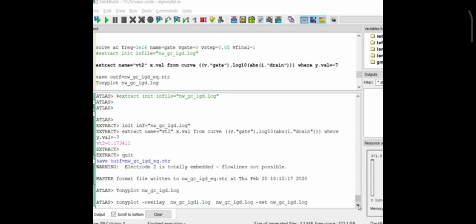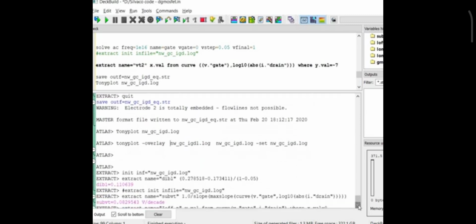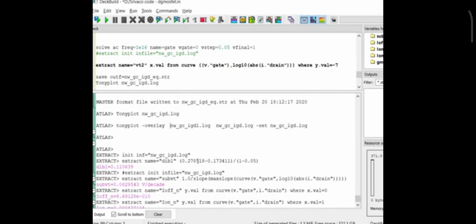To find the DIBL, you have to use the formula: VT, the threshold voltage at 50 millivolt, minus VT, the threshold voltage at 1 volt, divided by the supply voltage, 1 volt minus 50 millivolt. You will get the DIBL. To find the DIBL in millivolt, you have to multiply by 1000. It is approximately 110 millivolt.